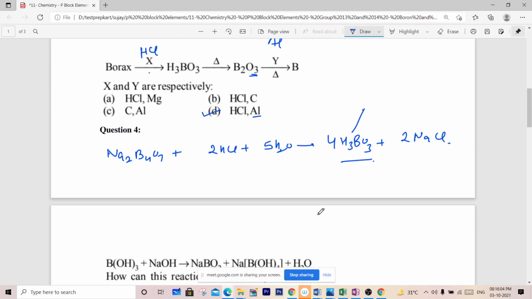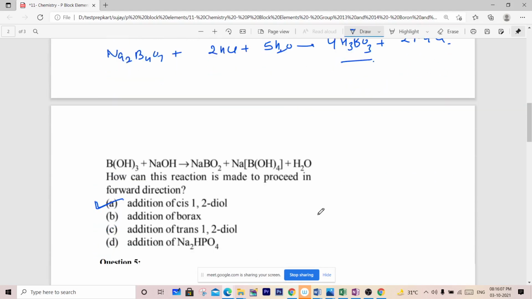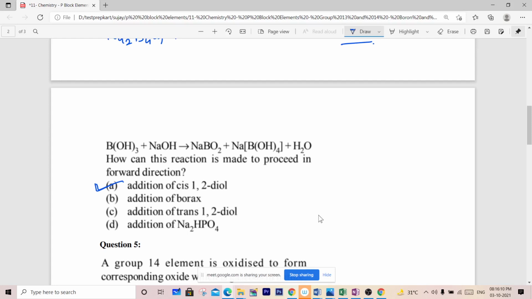How can we make this reaction go in the forward direction? You would remember this only: addition of cis 1,2 diol makes the reaction possible in the forward direction. Could you write that somewhere? Cis 1,2 diol is this compound, when we have OH groups both on the same side.